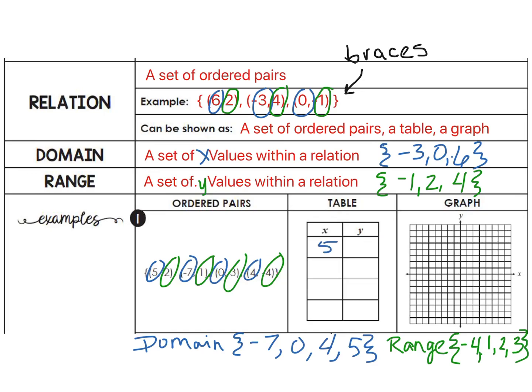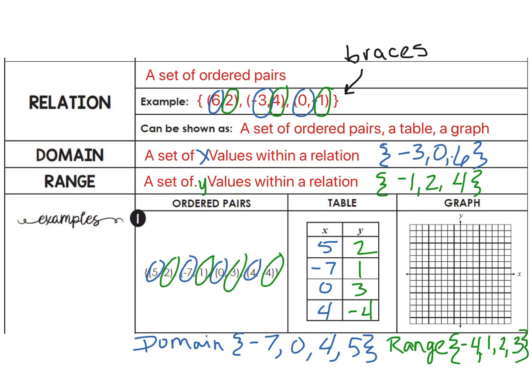The 5 is paired up with the 2, and I want to keep them side by side. The -7 is paired up with the 1, keep them side by side. 0 is with the 3, and the 4 is with the -4. And that's how I take my set of ordered pairs and turn them into a table.